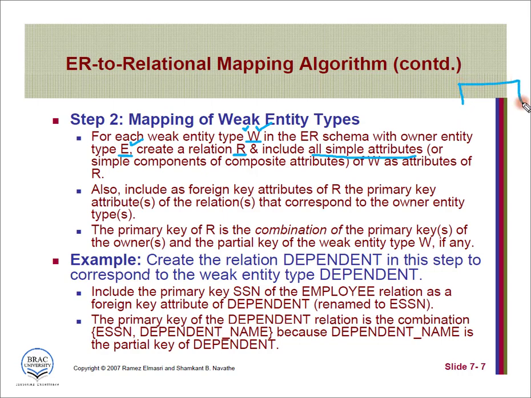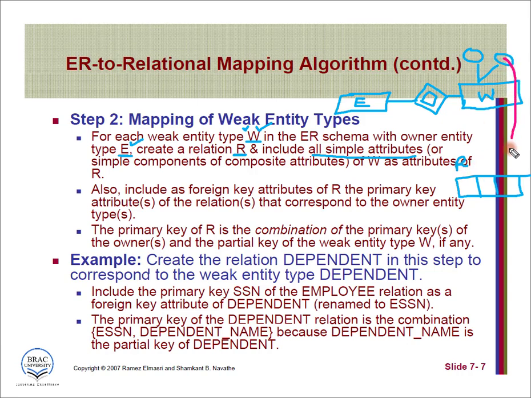Let us see an example. Say this is a weak entity, and it has some attributes, and E is a strong entity and it creates an identifying relationship with the weak entity. When we create a new relation, say this is the new relation R, what will be the attributes of this R?